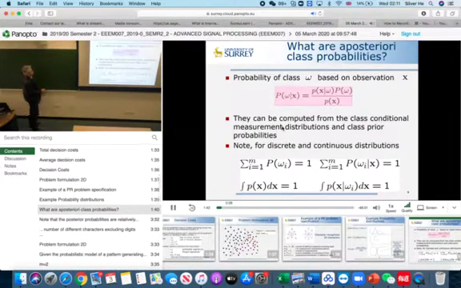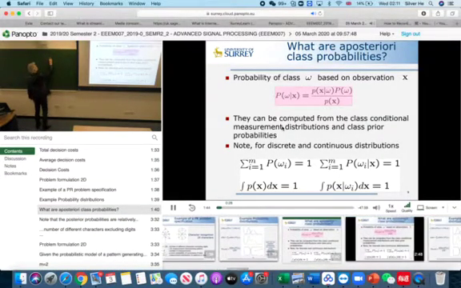In order to get the probability of the class given the observation, we need the probability of the observation x given the class omega, times the probability of class omega, divided by the probability of the observation.